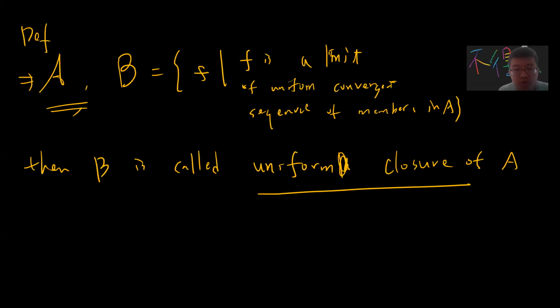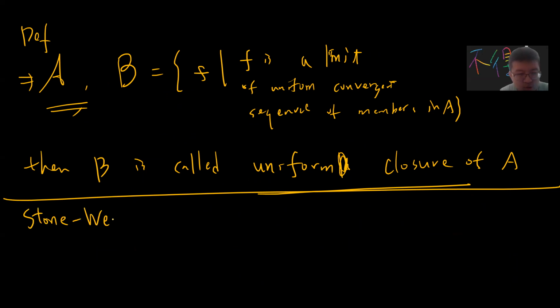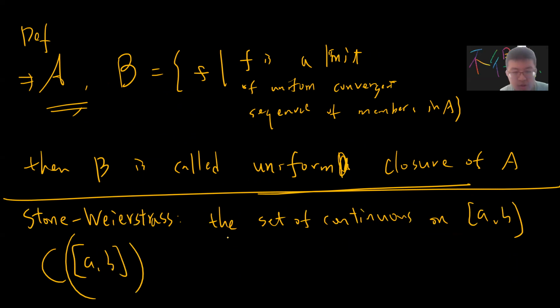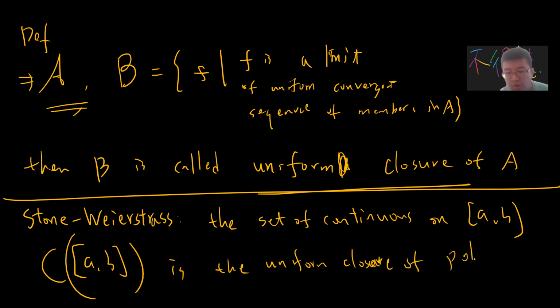Let me just say a word that I haven't said. Once I define this, then I can state the result. The standard, or simplest, version of the Weierstrass theorem says that the set of continuous functions C[a,b], some people use this notation, is the uniform closure of the polynomials on [a,b].